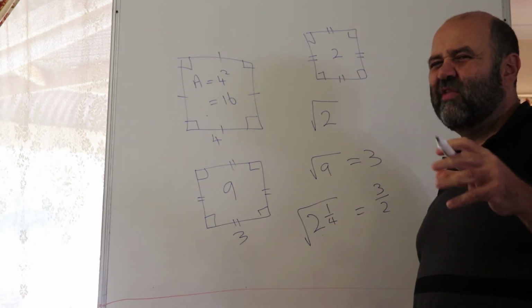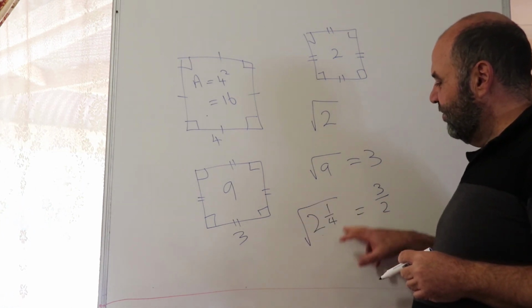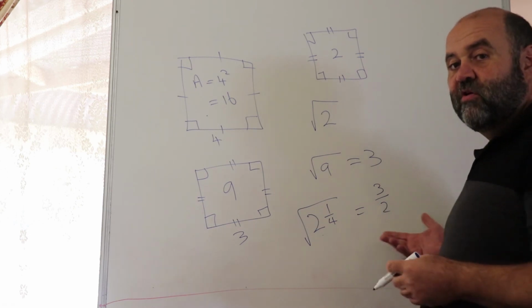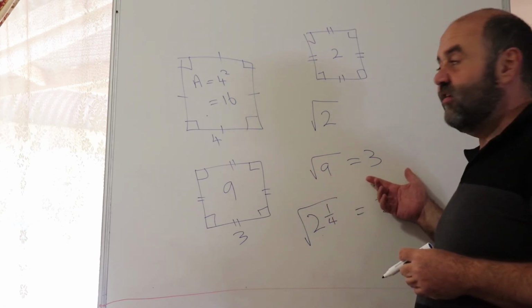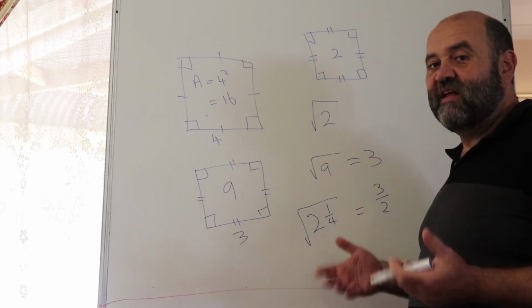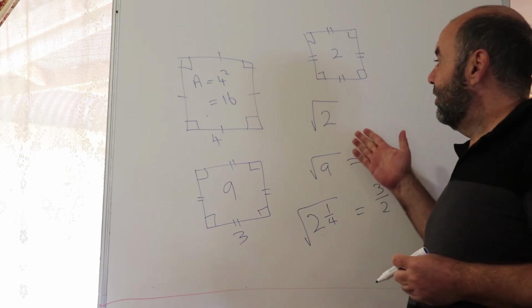We'll see why that is later on. Strictly speaking, the square root of 2 1/4 is not a surd because it has an exact answer. The square root of 9 is not a surd, it has an exact answer. The square root of 2 is a surd because there is no exact number that is the square root of 2.